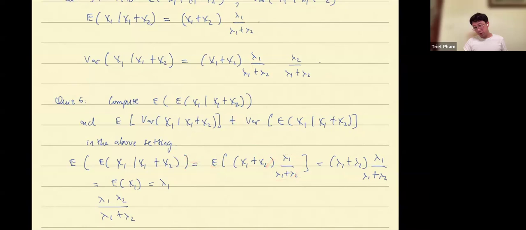But with variance, the story is different. With variance, a constant times something is that constant squared times the variance of whatever random variable we're looking at. Okay.